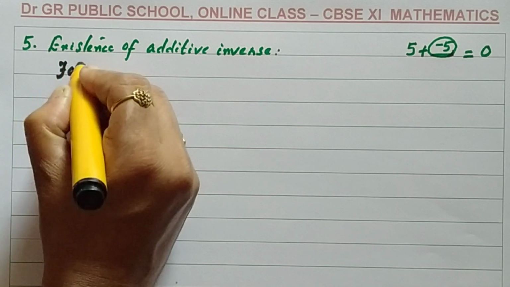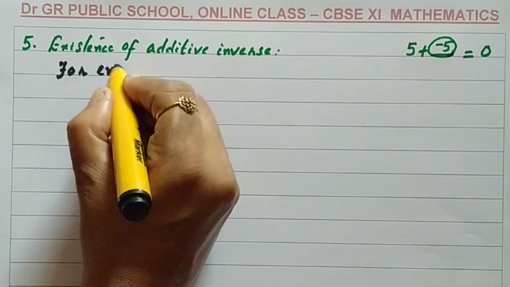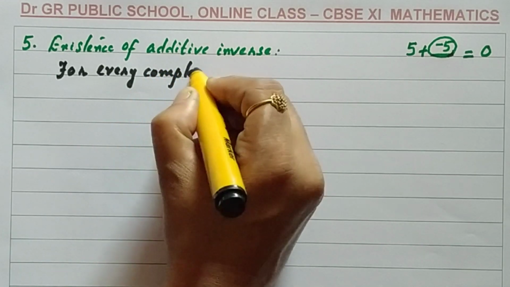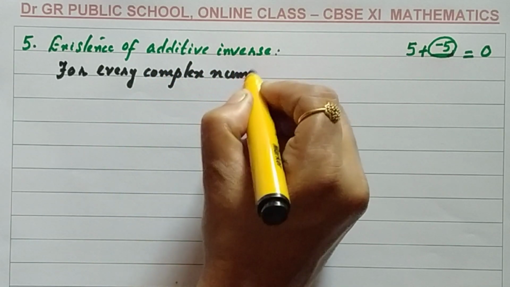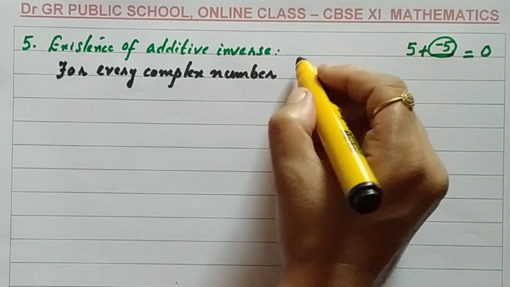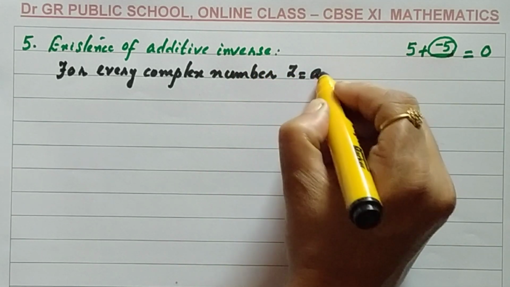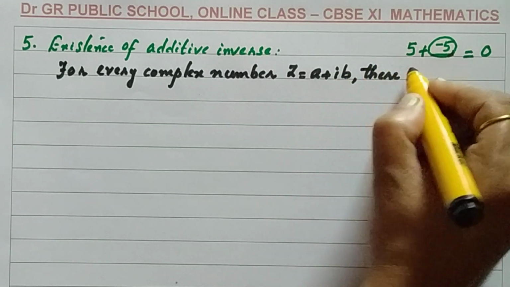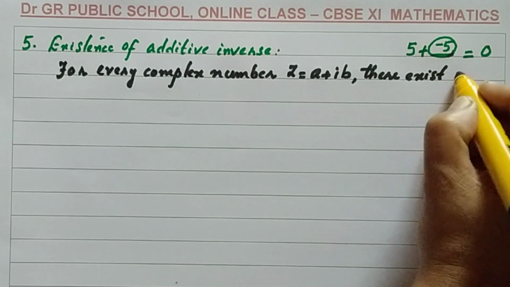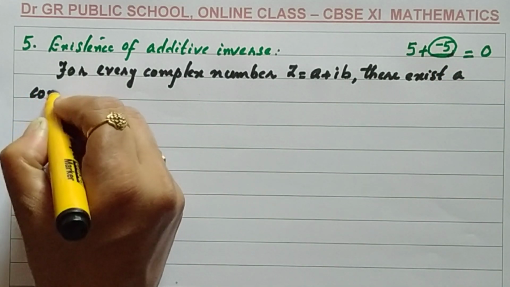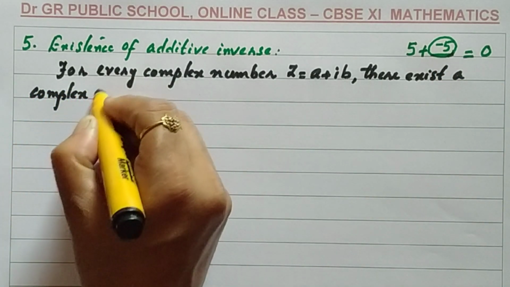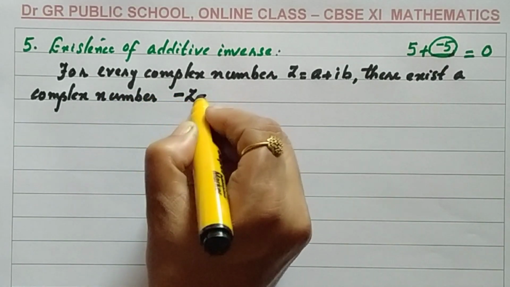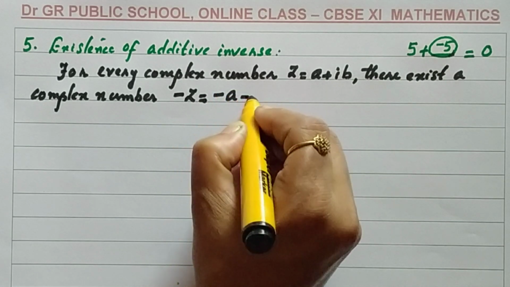For every complex number, I am going to take a complex number z equals a plus ib. There exists a complex number, also a complex number, minus z equals minus a minus ib.